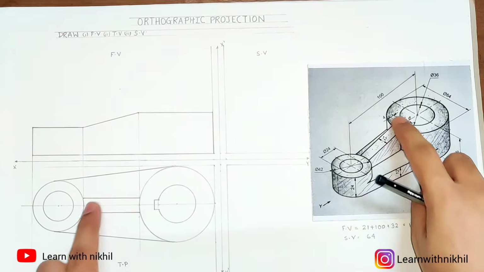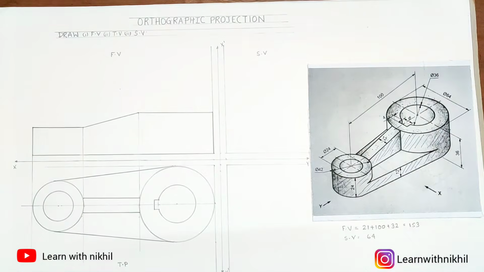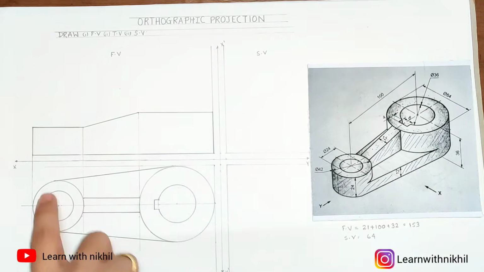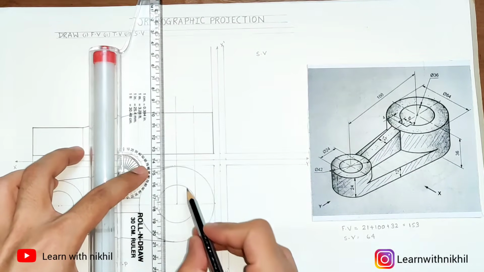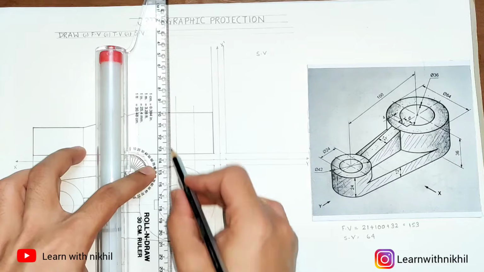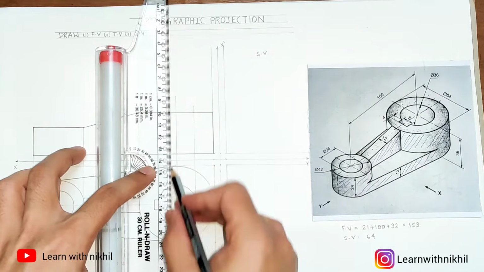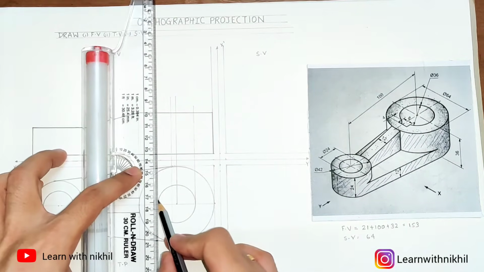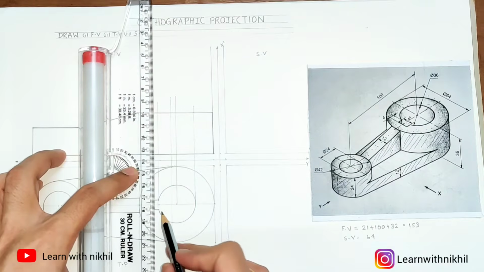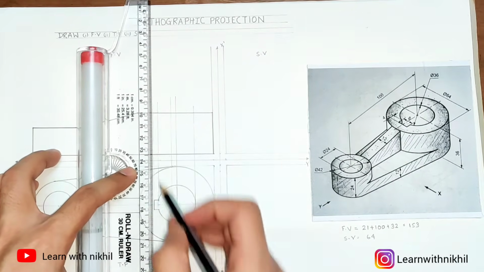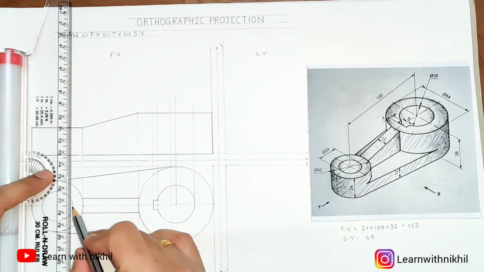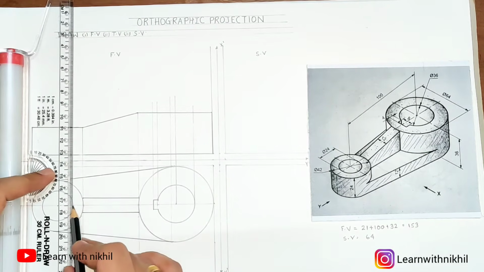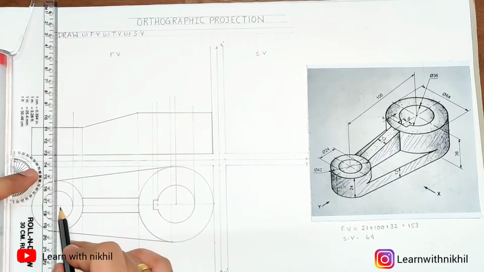After drawing these lines, we have to project them upwards to the front view. So project the circle, its center point, the tangent line, the notch, the other circle, its center point as well.